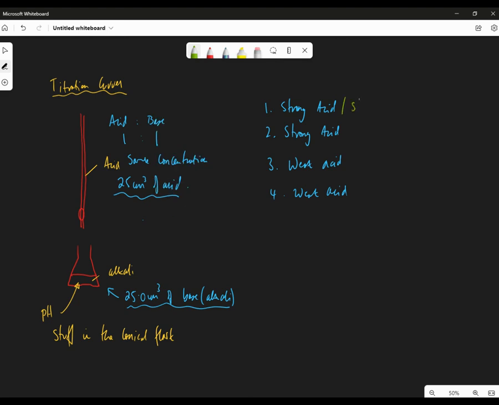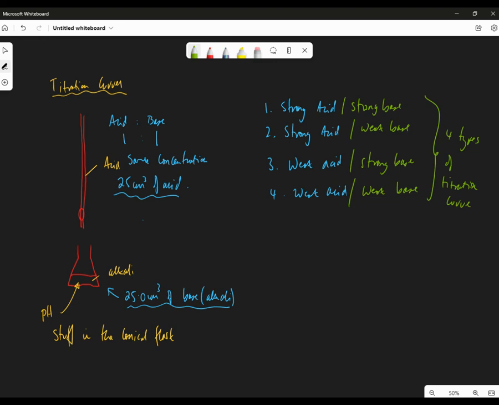Strong acid, strong base. Strong acid, weak base. Weak acid, strong base, weak acid, weak base, I guess. So these are the 4 types of titration curve.